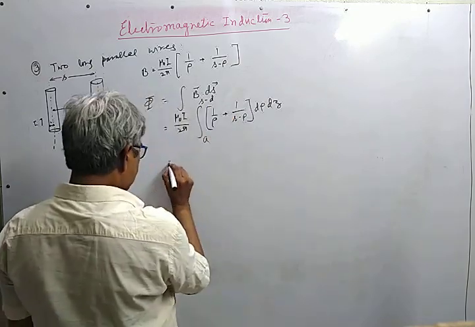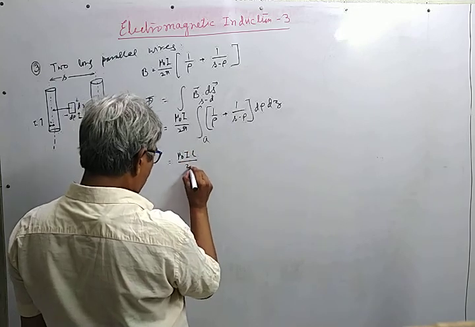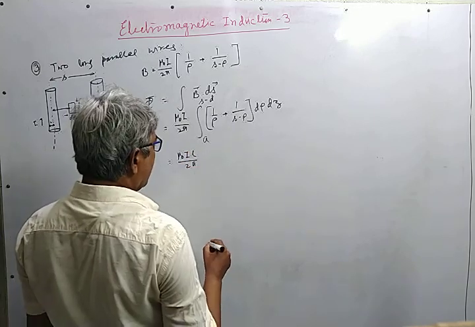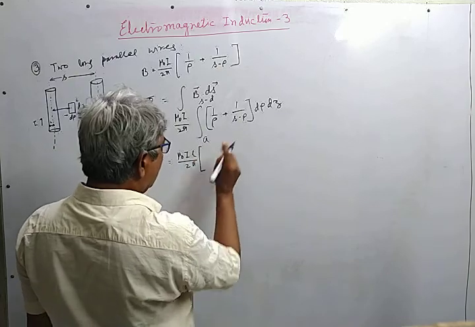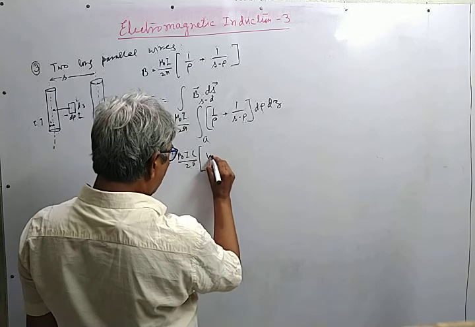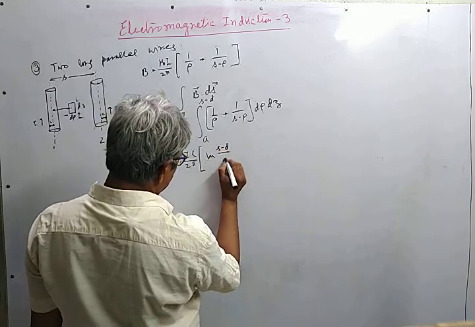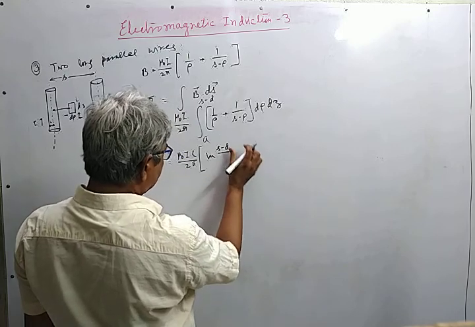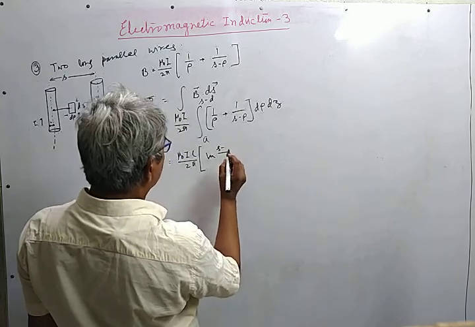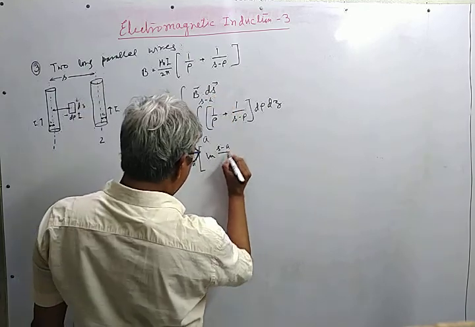So this is mu 0 I L upon 2 pi times this part. This integration is a log, with upper limit S minus a and lower limit a, so log of S minus a by a.